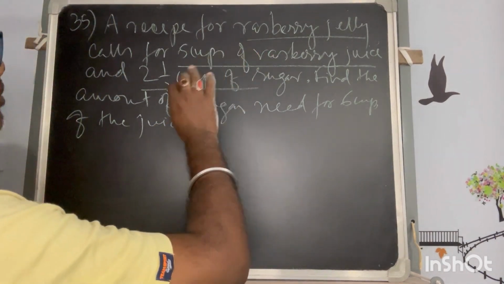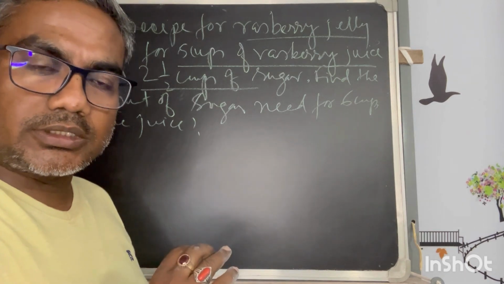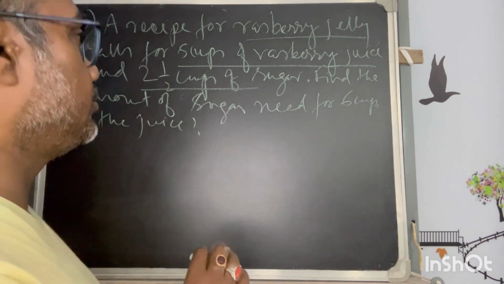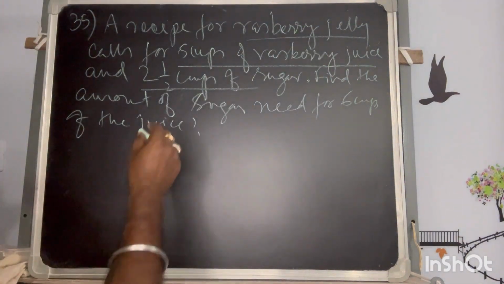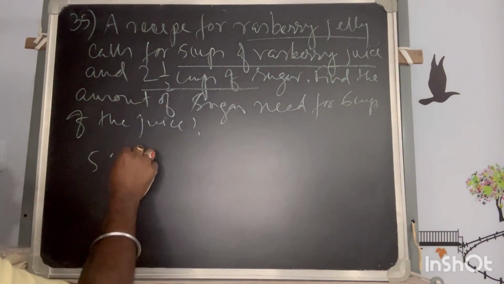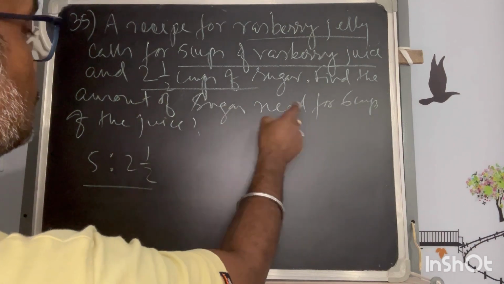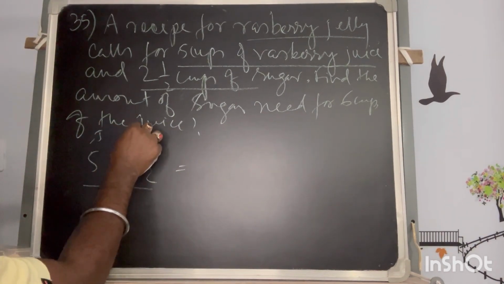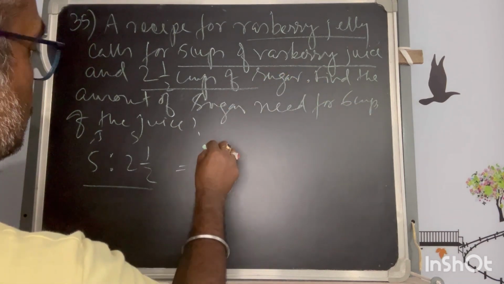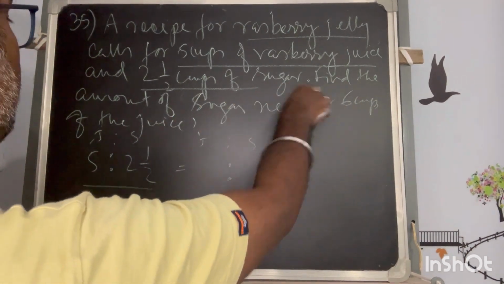So we assume the jelly is made the same way every time, with the same concentration and thickness. So the ratio of the two ingredients, juice and sugar, for the first case is 5 cups to 2.5 cups, and the second case also has to be in the same ratio of juice to sugar.